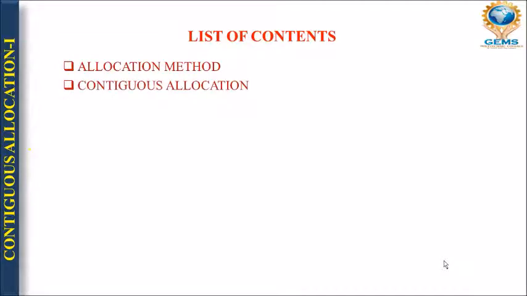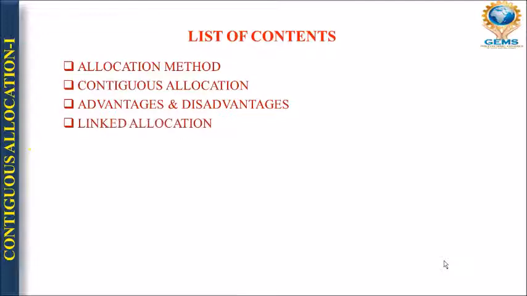Before going deeper into the video, let us check what the important contents are which we are going to study in this section. First, I will teach you about allocation method. Second, contiguous allocation. Thirdly, I will discuss advantages and disadvantages of the allocation method.